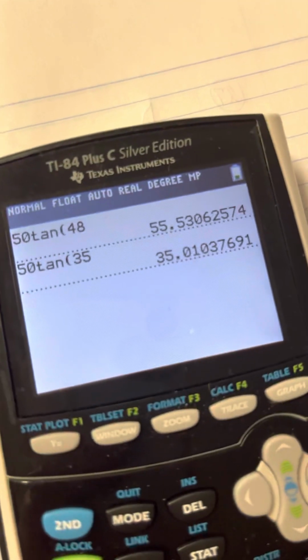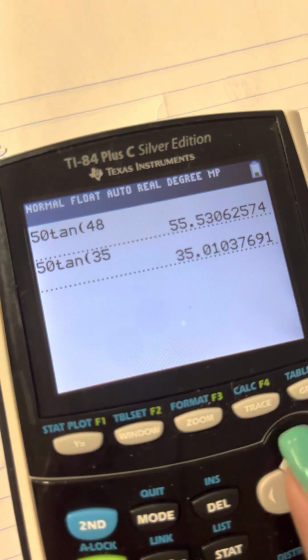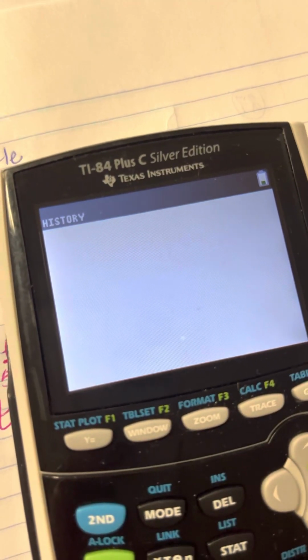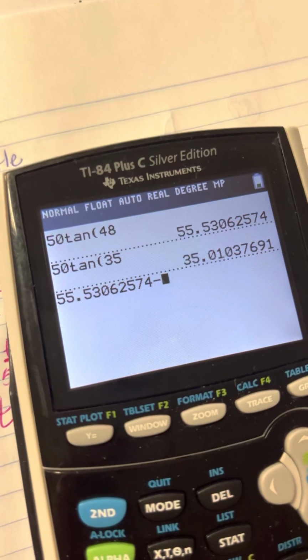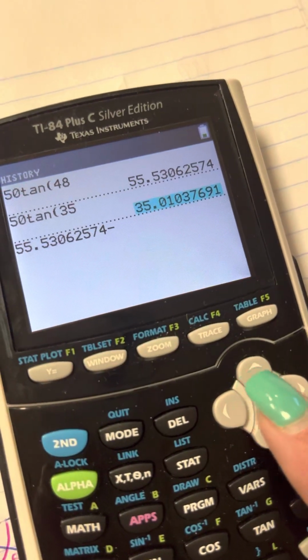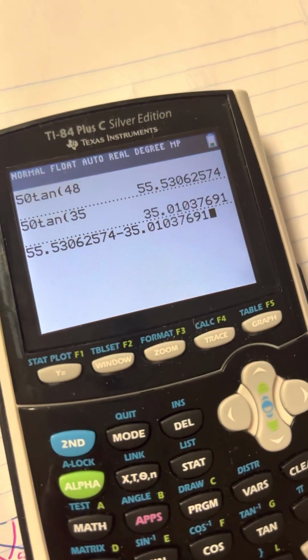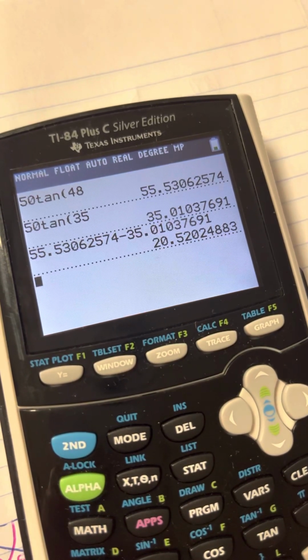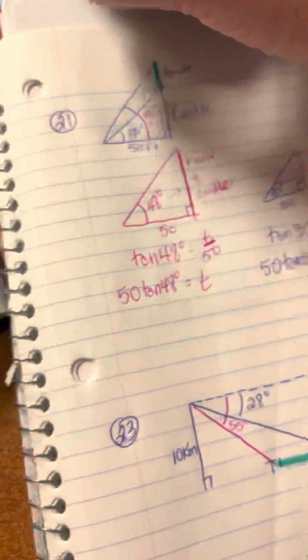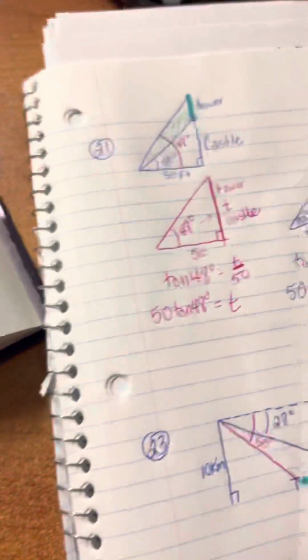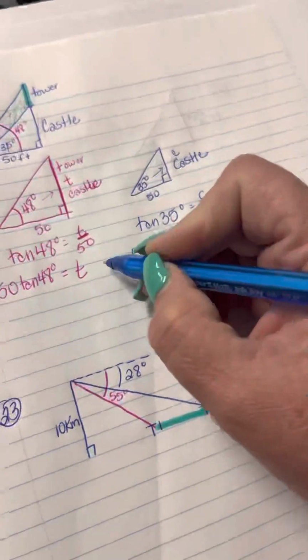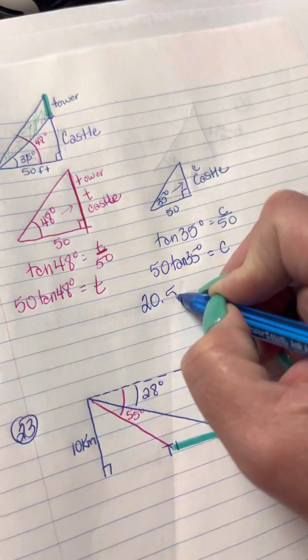So you can round these off to 1 decimal place, or you can just copy and paste that down and then subtract, and you get 20.5. Our units here were in feet, so after you subtract these two, it's 20.5 feet.